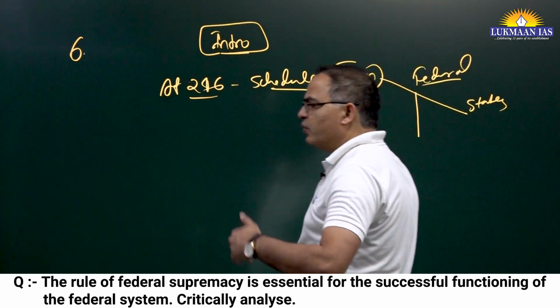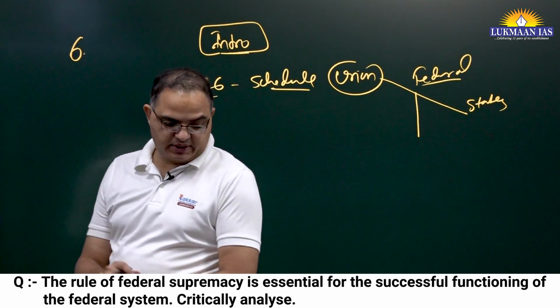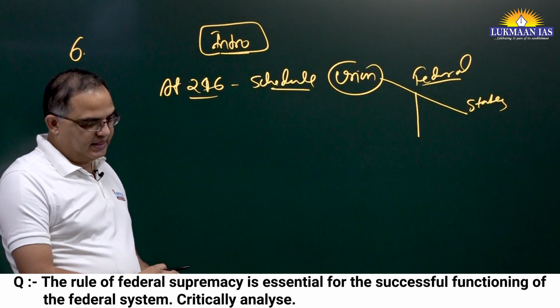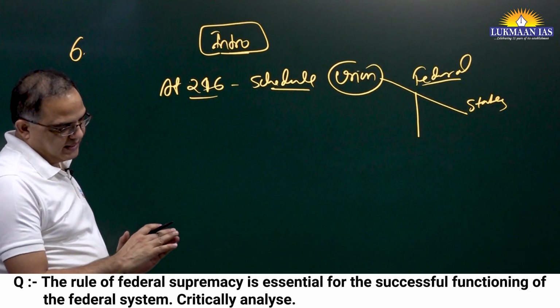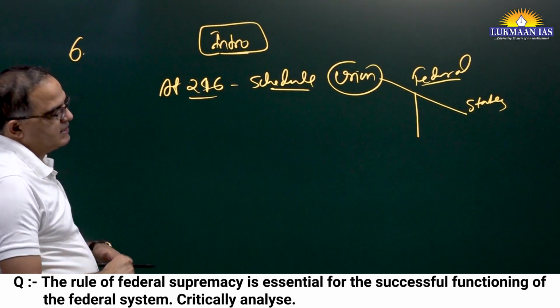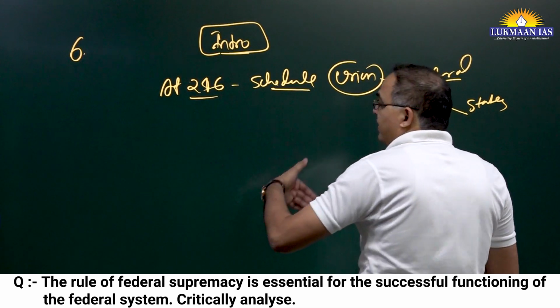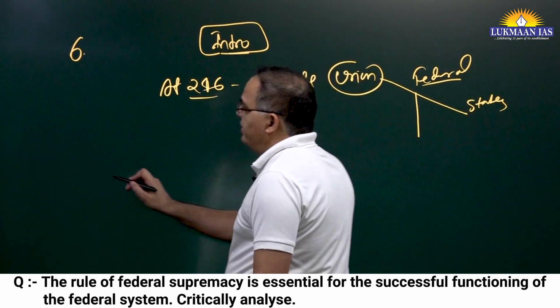Then the question is about the successful functioning of federalism, critically analyze. Now when we see critically analyze, in this case critical analysis means you have to discuss federal supremacy.